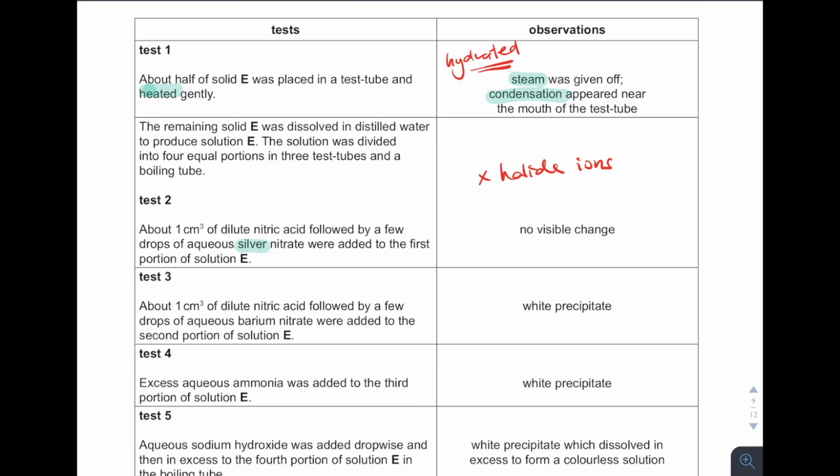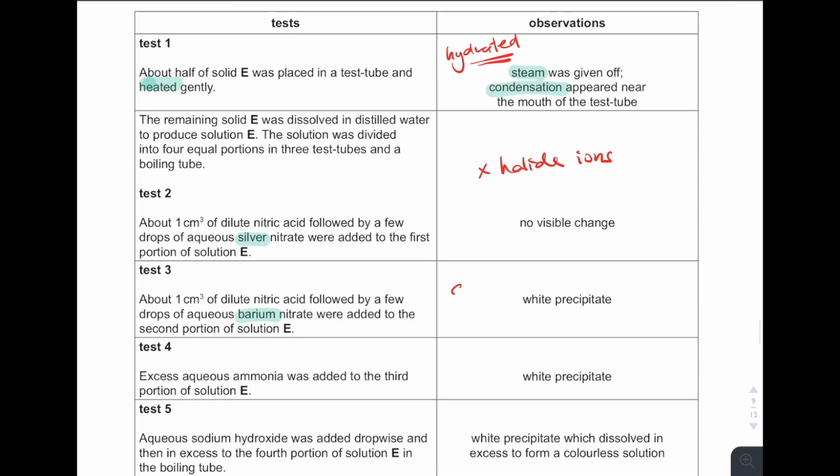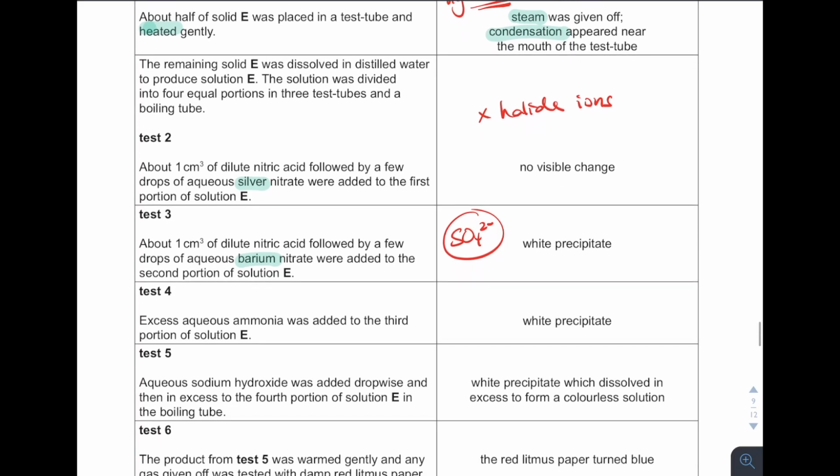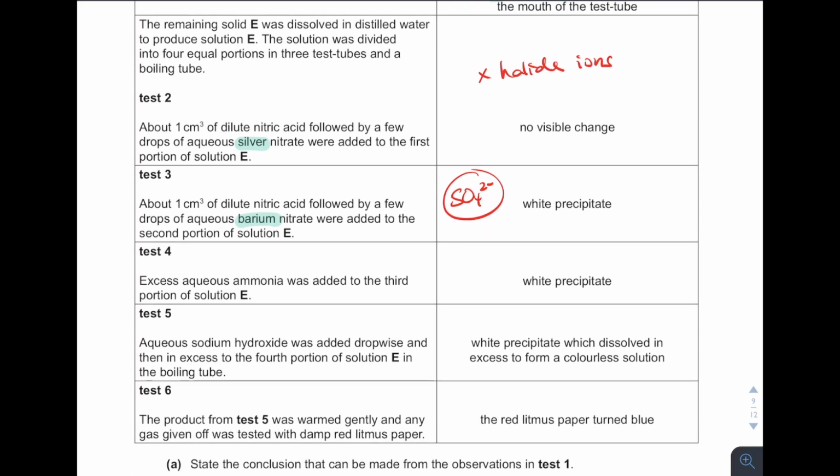Next one, test 3, test with barium. Whenever you see the word barium, 100% they are testing for sulfate. It produces a white precipitate. So from here, we know that there are sulfate ions. Then aqueous ammonia was added. It produces a white precipitate. Remember, in excess ammonia, the white precipitate remains insoluble.